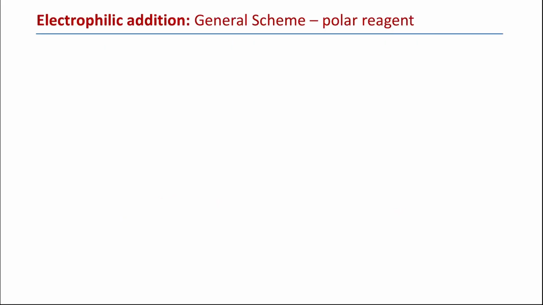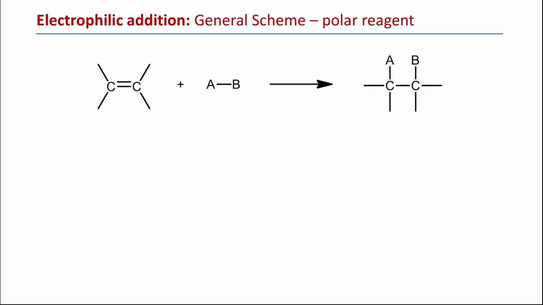Electrophilic addition can also be seen with polar reagents, because we said bromine, the halogens, are nonpolar. So we can also see this reaction with a polar reagent. In this case, we have the double bond of the alkene, which is the electron-rich center. And then we have the polar reagent. In this polar reagent, we have one atom which is partially positive and the other which is partially negative.